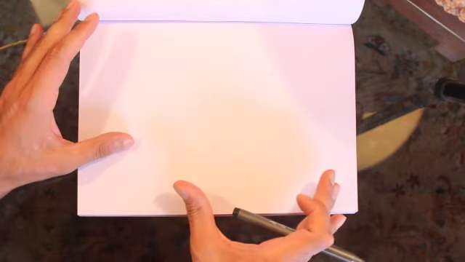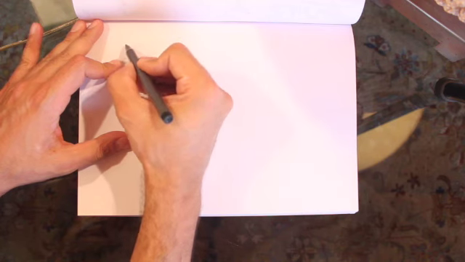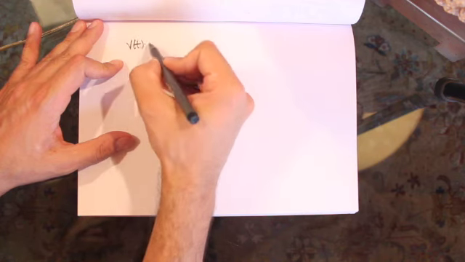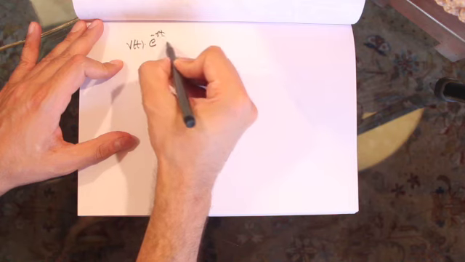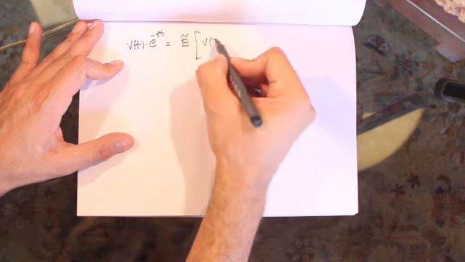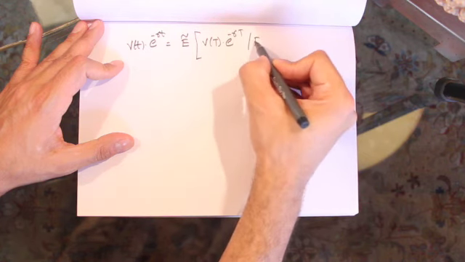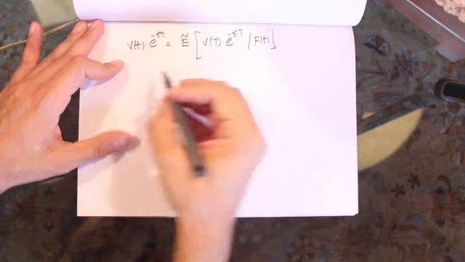Okay, so now in order to calculate the value of the Asian option, I can use the risk-neutral pricing formula. As we know, the risk-neutral pricing formula is given by V of t times e to the power of minus rt is equal to the expected value under the risk-neutral measure of V of capital T e to the power of minus rT given information at time t.